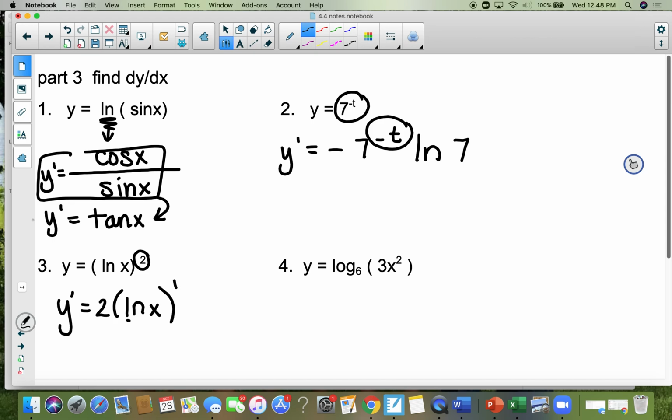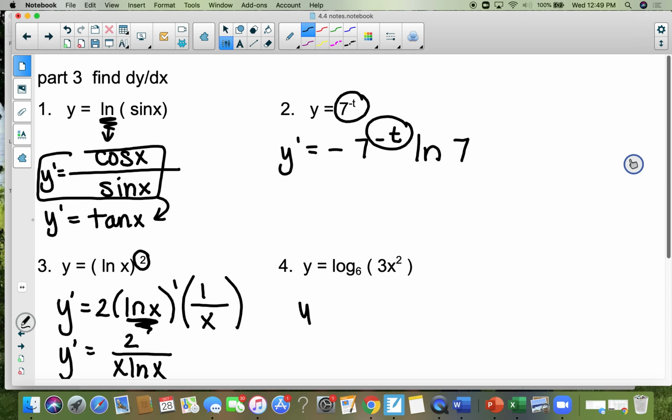Now you have to take the derivative of the inside, and the derivative of the inside is the natural log. So you need to put the original after the natural log on the bottom, and the derivative of x is 1. So the book will have it as 2 on the top with x natural log of x on the bottom.